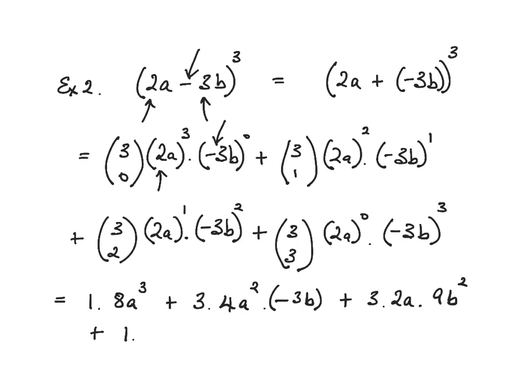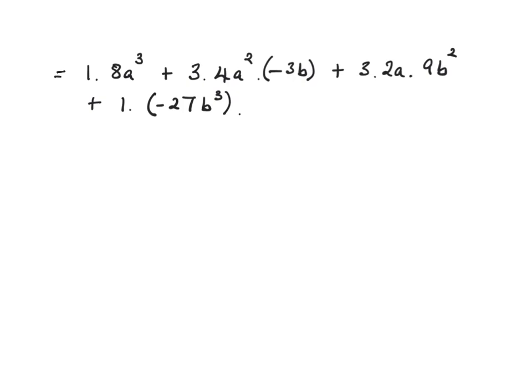Now minus 3 cubed is minus 27, b cubed. And what we need to do then is to simplify that. So this is what we've got. If we simplify it, we get 8a cubed.